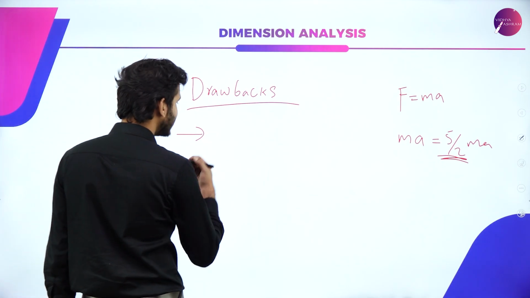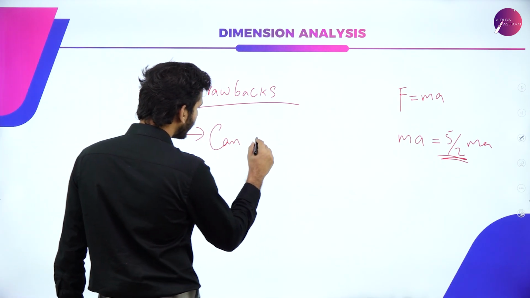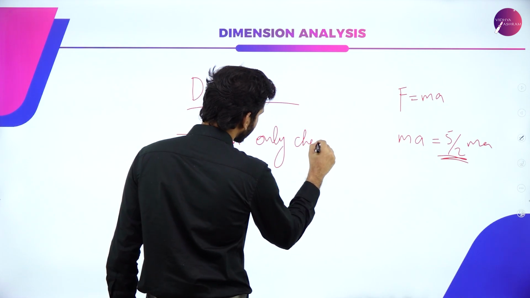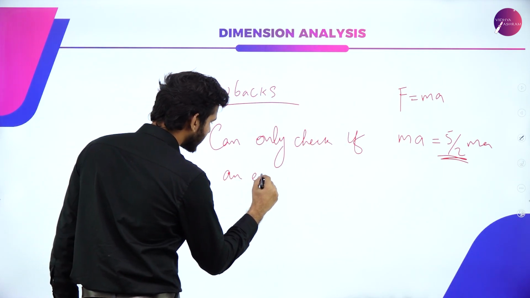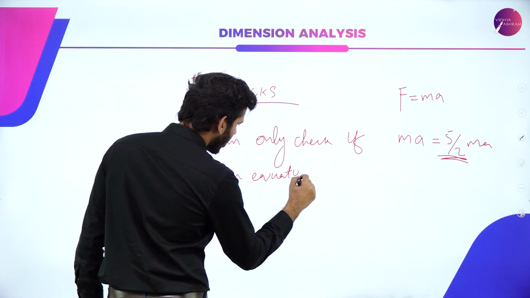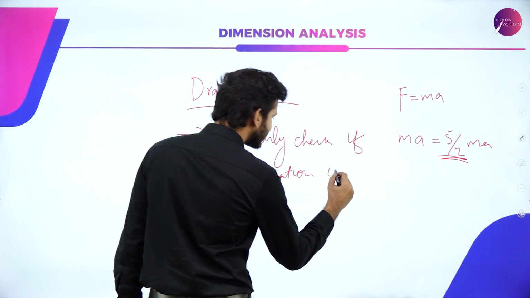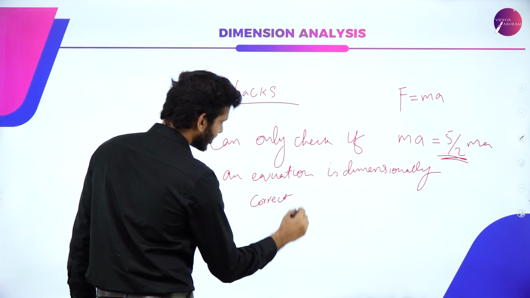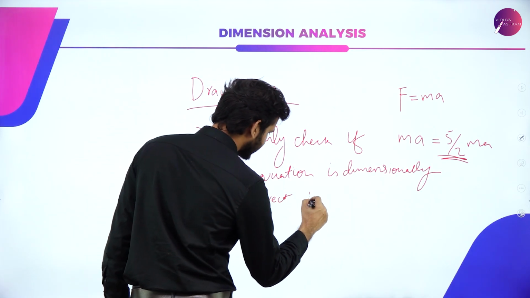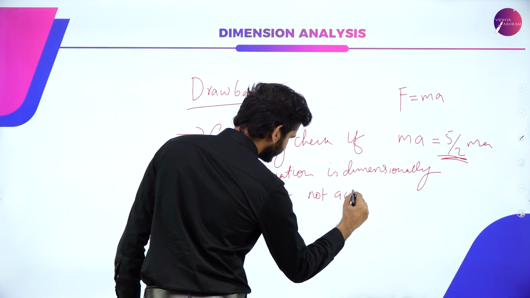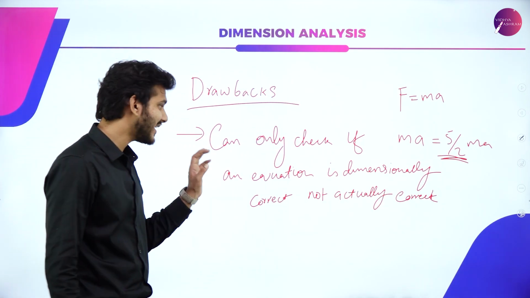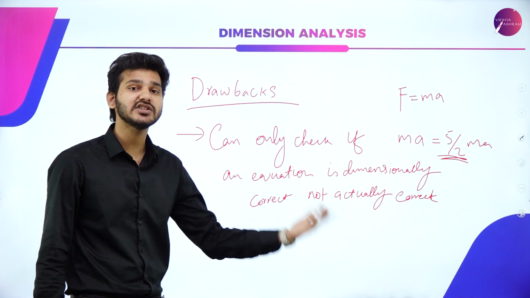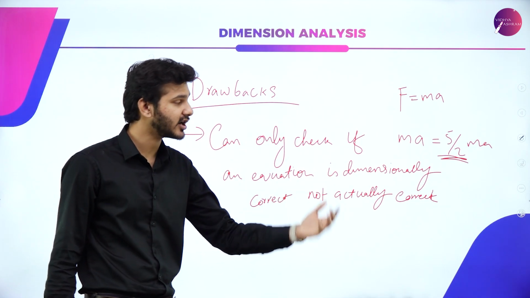So we can only check if an equation or a formula is dimensionally correct and not actually correct.